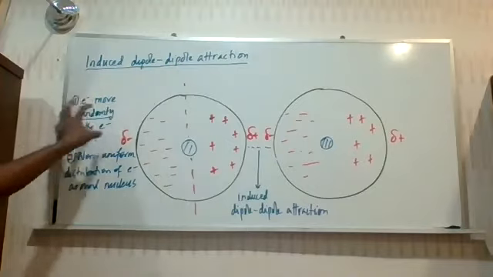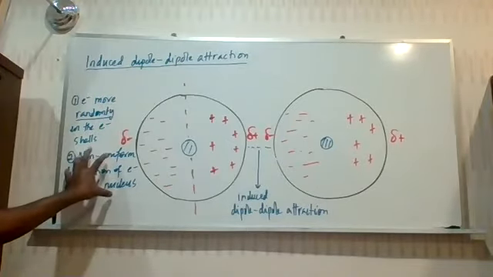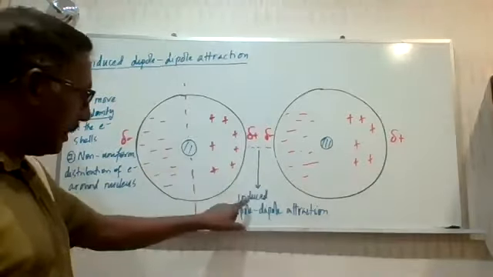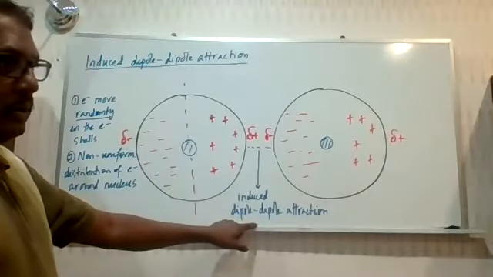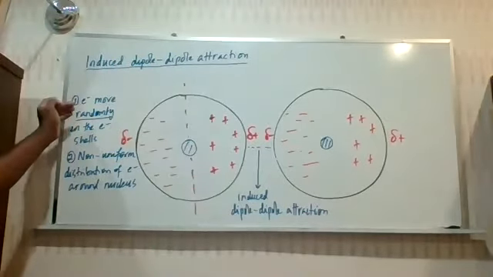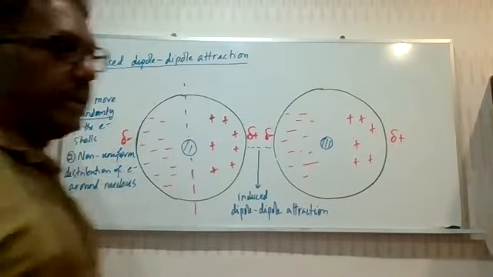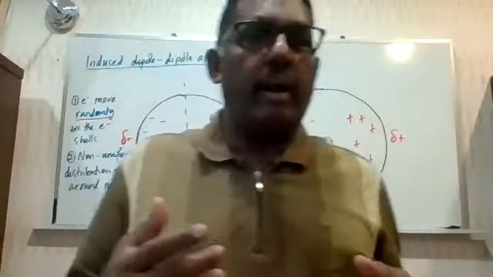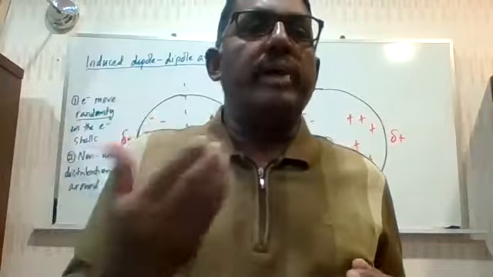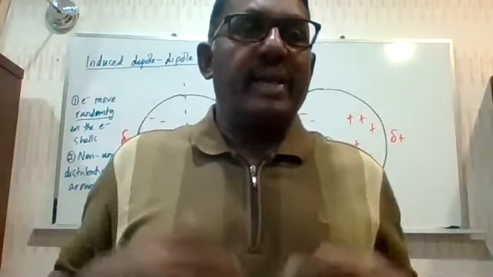So the electrons moving randomly and giving you this situation is the root cause of the dipole-dipole and subsequently induced dipole-dipole. You know that all electrons move randomly, but if I have more electrons moving randomly, just imagine you are standing in the center and there are 10 people moving around you randomly.